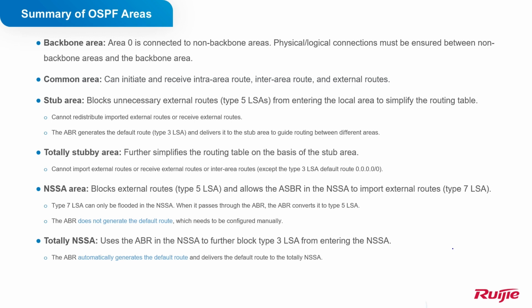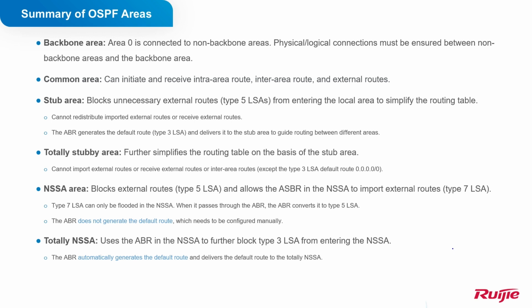For the totally NSSA area, we don't need to configure the default-information originate command, because for the totally NSSA area, the ABR will automatically generate the default route to the totally NSSA area.